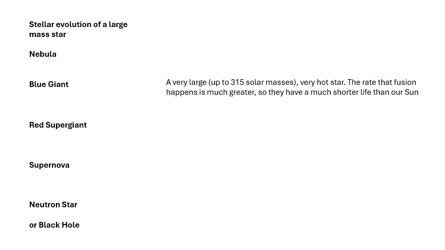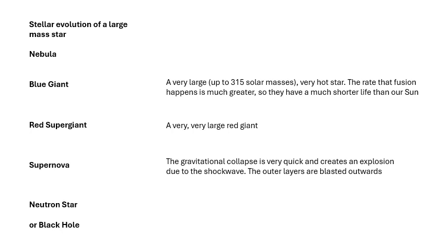Our sun may last for 10 billion years, these guys only last for maybe 100 million years. So they have a much shorter life than our sun. When they expand, they become supergiants, which are very, very, very large red giants.